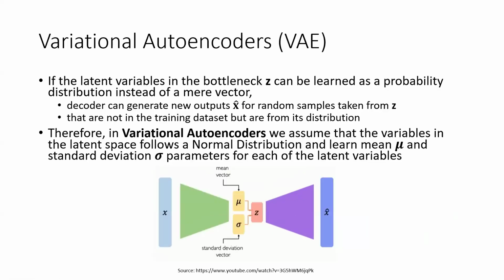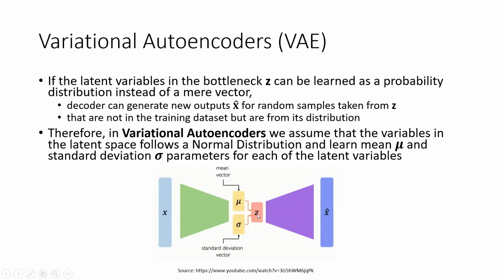But there's a new innovation known as variational autoencoders, where you can consider this Z vector or the latent vector as a distribution of variables in a very constrained environment.